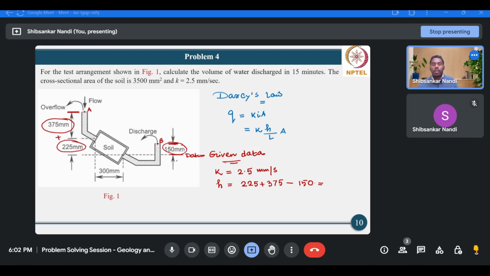So if we subtract this 150 from the summation of 225 plus 375, that will give you the constant head for this setup or configuration. So this is 450 mm.